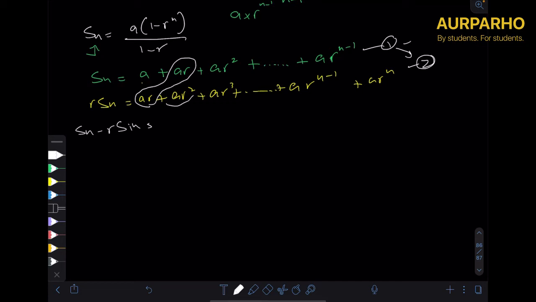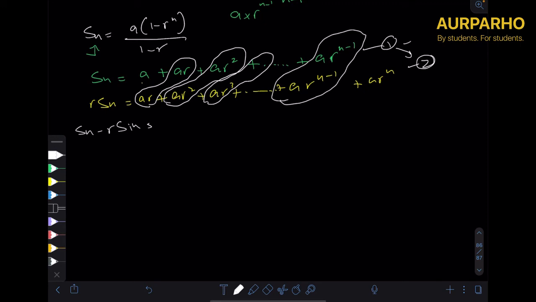And then ar squared minus ar squared is 0, ar cubed is 0, and I can do this all the way till ar^(n-1). After I do this, I am left with ar^n, because there's no ar^n over here, so ar^n is left, and a is also left because there was no a here. So what I'm left with is a minus ar^n.